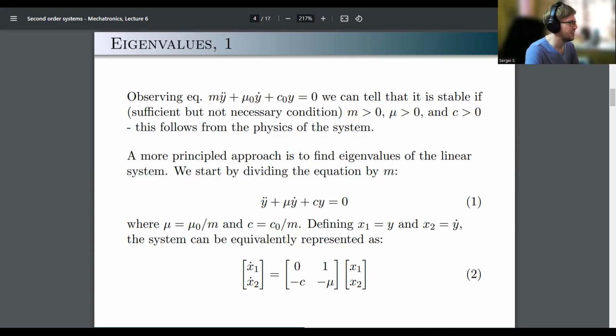It is just that here it is more radical. We divide everything by m. So we get new coefficients, 1 here, mu here, and c here, where mu is c1 divided by m, so it is this guy divided by this guy. Okay. And c here is c0 divided by m, so this guy divided by this guy.